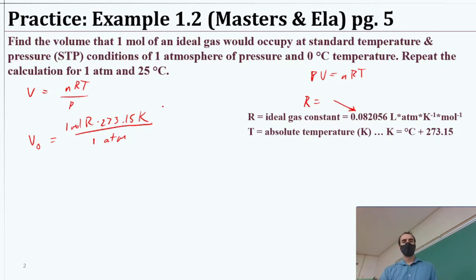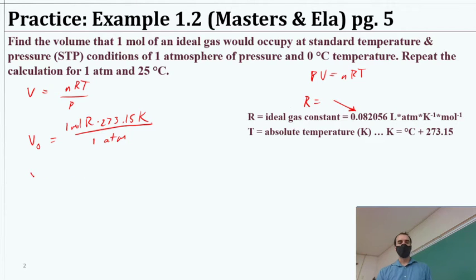Then we can check our units, with R being this number, liters times atmospheres, so the atmospheres will cancel. This is times the temperature, Kelvin to the -1, so it's basically dividing by Kelvin, divided by mole, so we get rid of the Kelvin and mole. What we're left with is just liters, and liters is valid for volume, so we're happy.